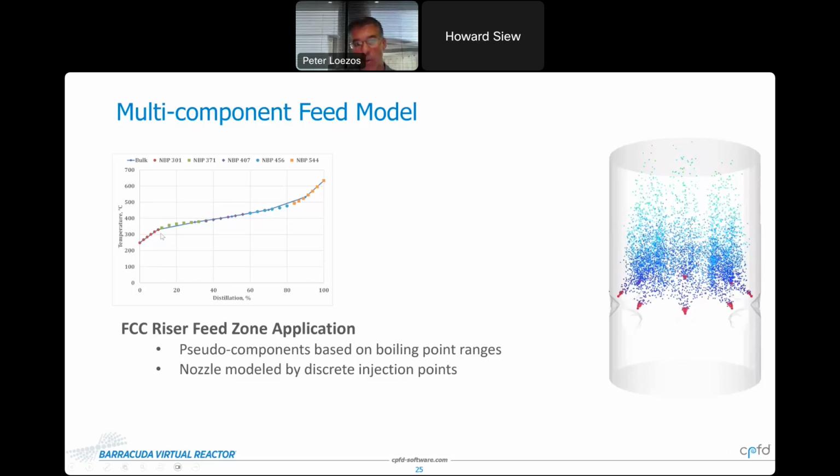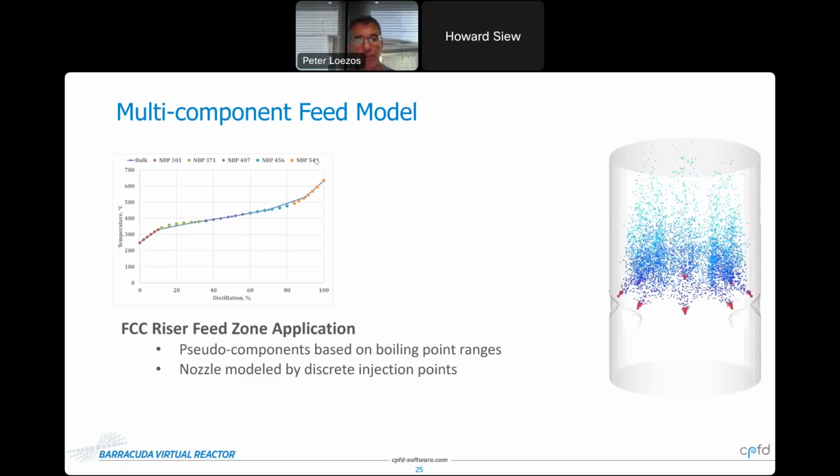In this curve, we've broken up the curve into 5 different pseudo components, each one representing a specific boiling point range. So if you look at the light end, that is normal boiling point 301C. We have NBP 371C, 407, 456, and the heavy tail, which is normal boiling point 554C.